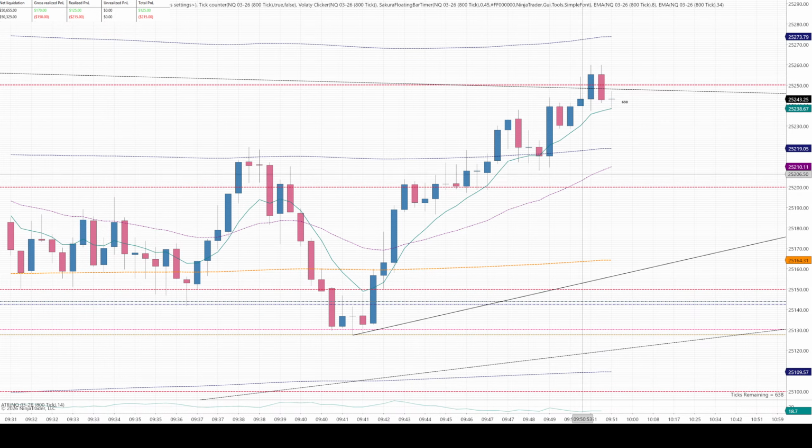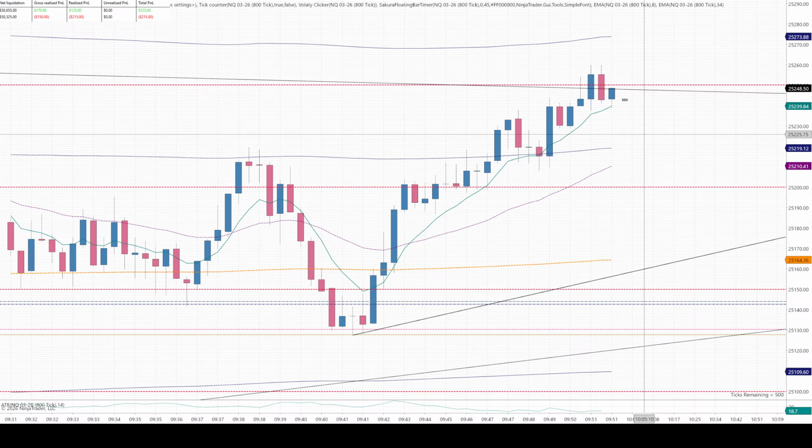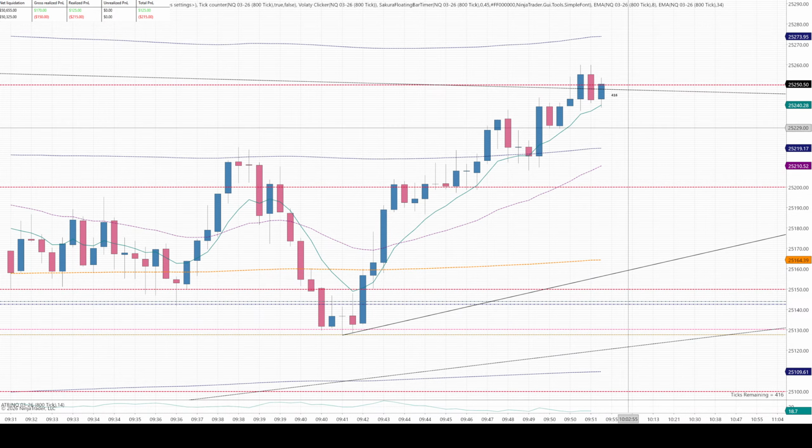You get stopped out in both directions. I mean, it sucks when it happens, but see what this candle wants to do. We'll figure it out from here.